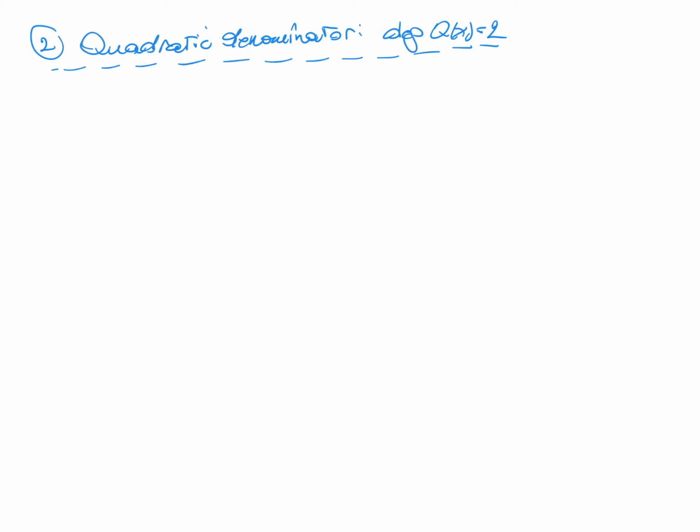For the second case, assume that we have a quadratic denominator. So the degree of q is equal to 2. In this case, we can always assume that q(x) is either of the form x^2 - a^2 or of the form x^2 + a^2.